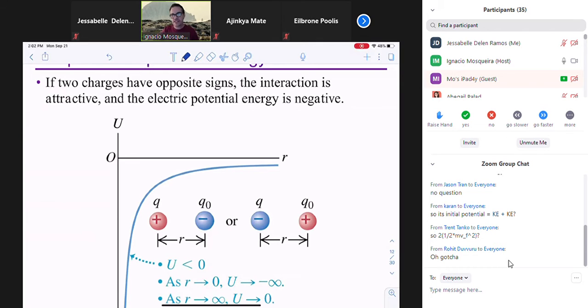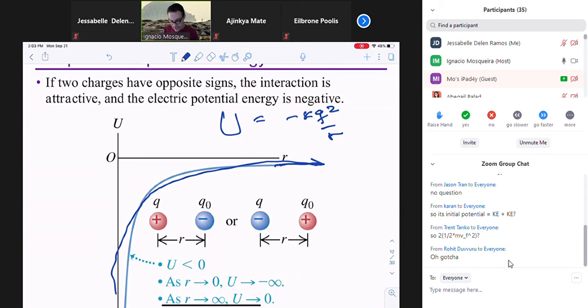Since it's 0 when separated, everything else has to be less than that, so everything has to be negative. When you go to infinity, you go to 0, but when they get closer, you have minus. So in the case we were doing, it would be minus kq squared over r.